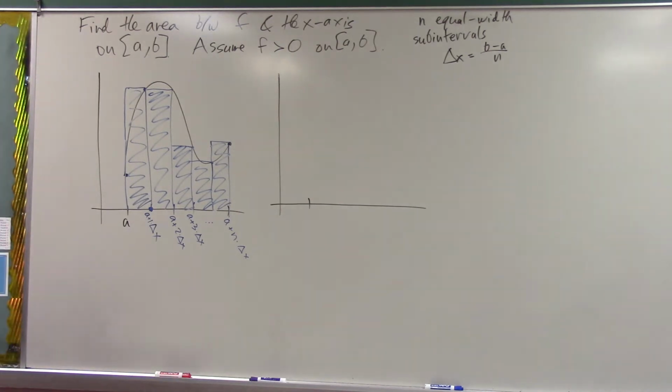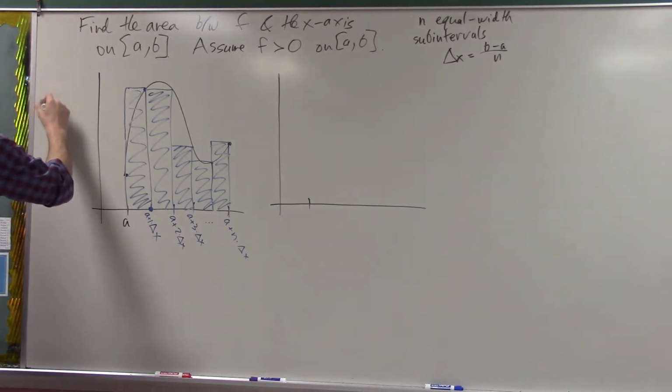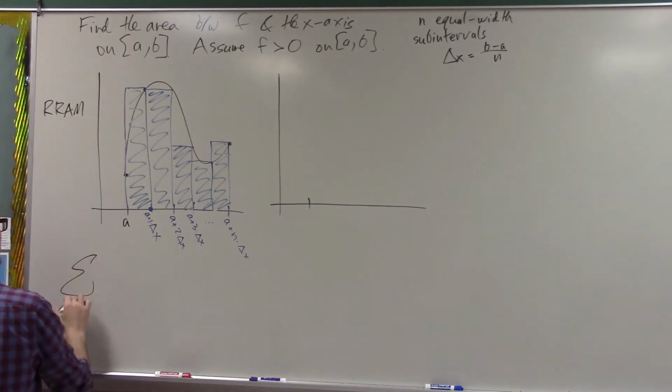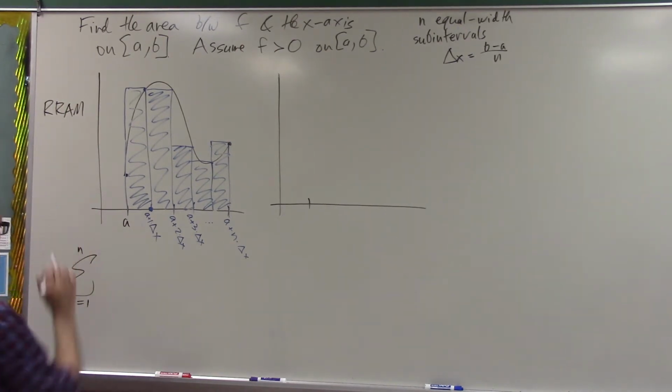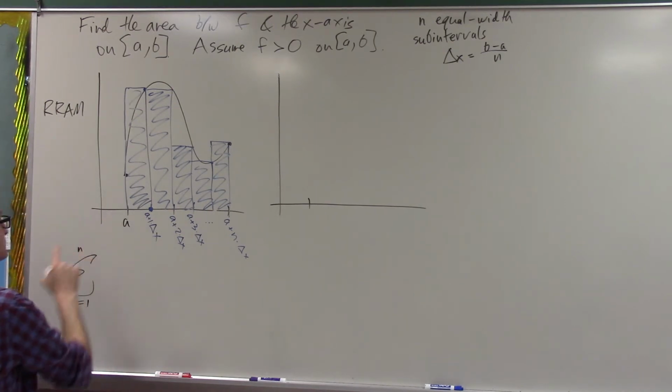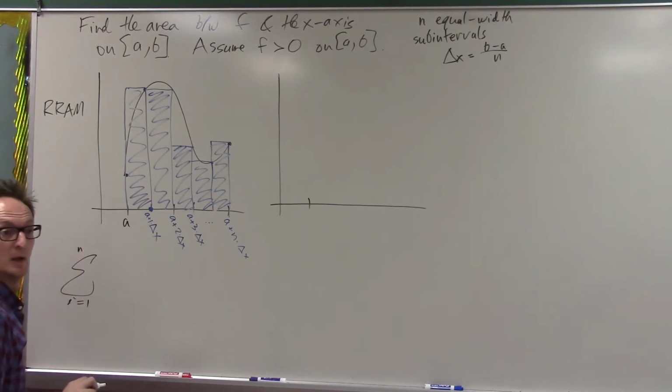Are we tough enough that we could go straight to the sigma notation for this? I think we are. So we're doing RRAM. This is the sum from i equals 1 to n of f of a plus i delta x, times delta x.